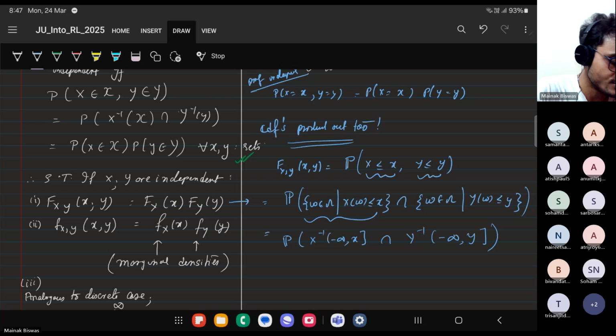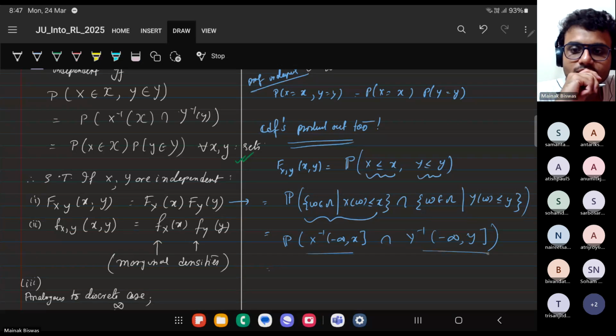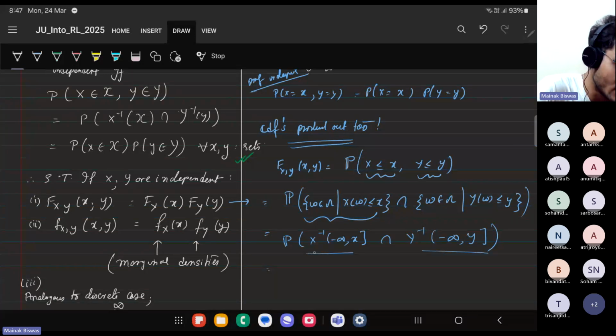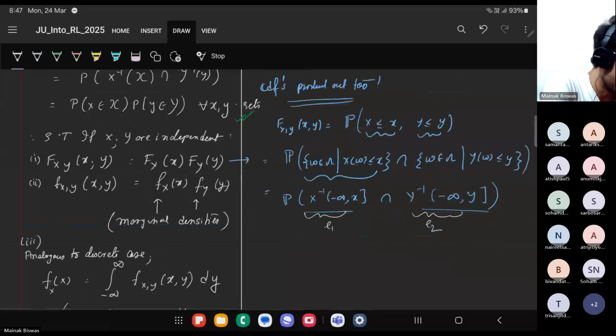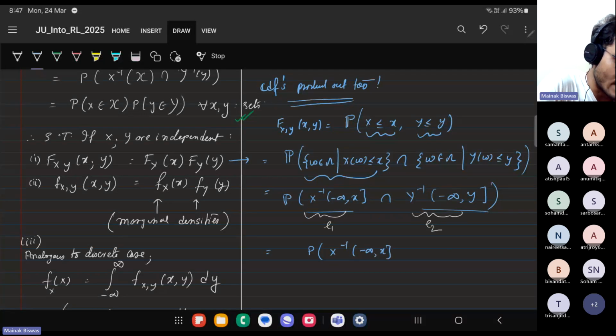Now, if these are independent, what can I write? If two random variables are independent, all the pre-images are independent too. These events E1 and E2 are independent, which is the same as probability of X inverse of minus infinity to x times probability of Y inverse of minus infinity to y.